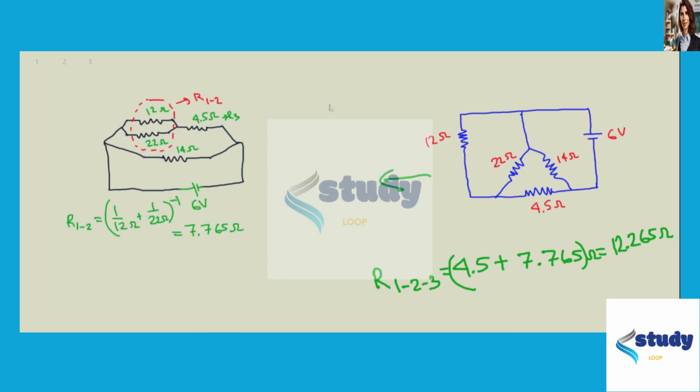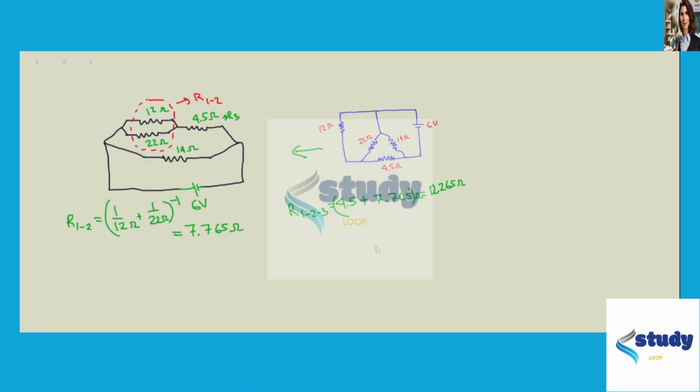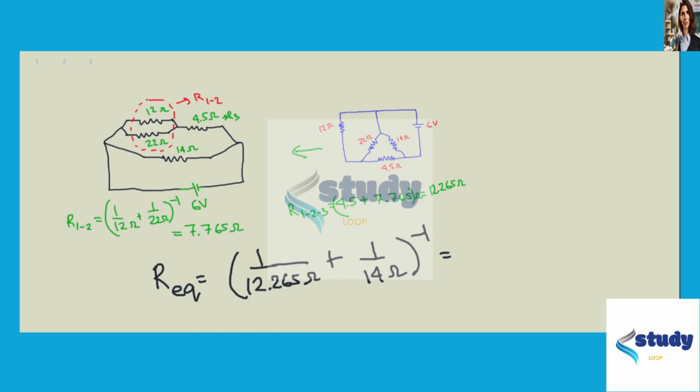Now we know this, and from there we know that 14 ohms is in parallel connection with this whole setup, so that's going to be R_EQ, which is parallel, so that's 1 over 12.265 ohms, so that's this, plus 1 over 14 ohms, reciprocal of that, and that gives us 6.538 ohms.